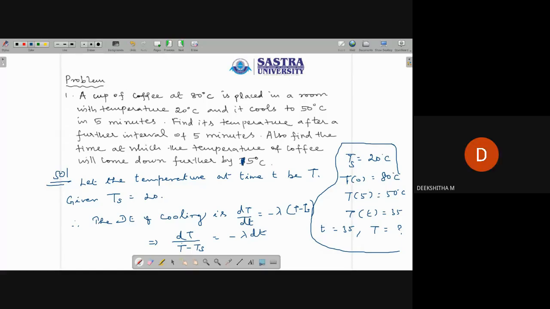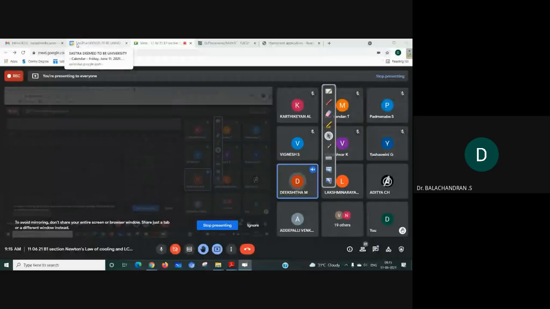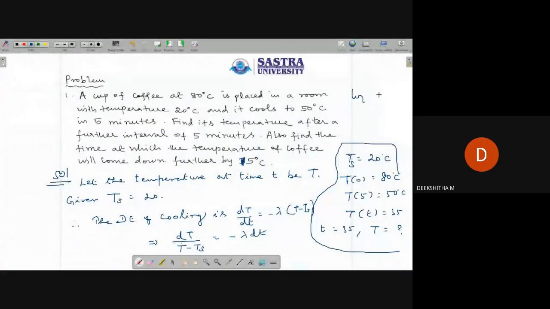Sir, can we write log of minus 1 by 12 as log minus 1 minus log 12, like using the log m by n is equal to log m minus log n formula?